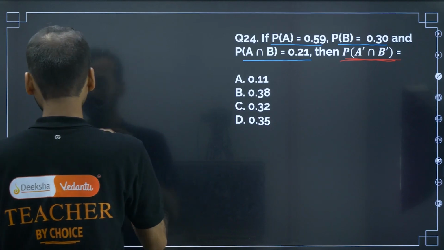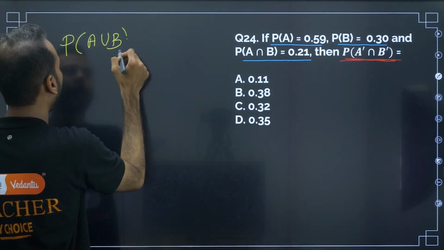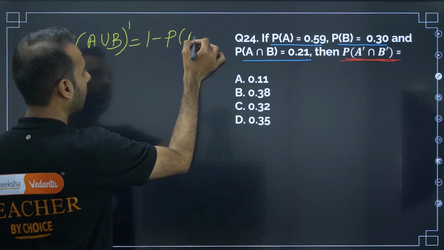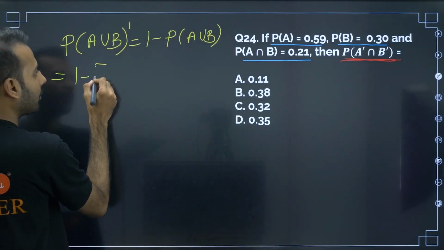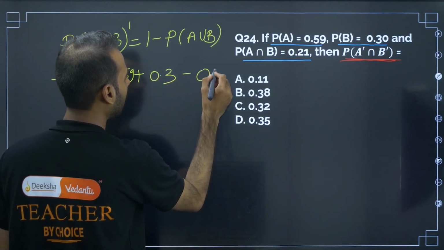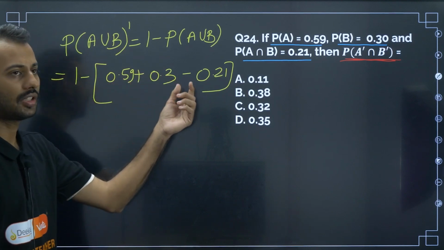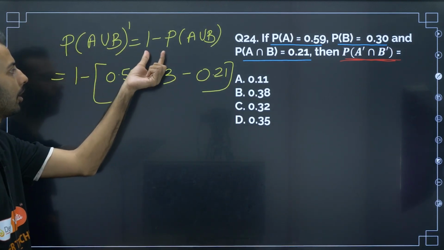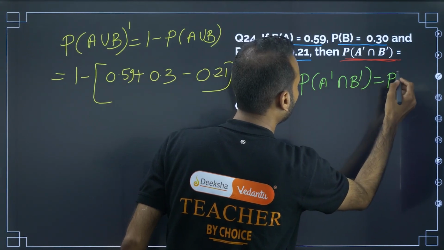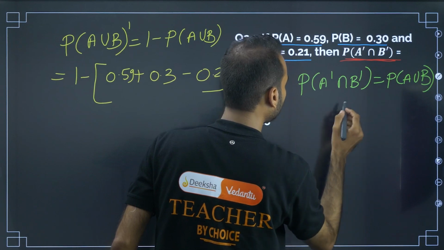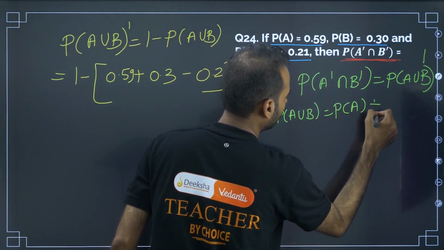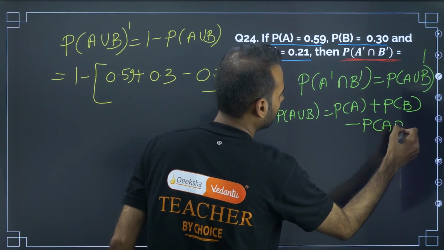For this, A dash intersection B dash can be written as A union B whole dash, which is 1 minus probability of A union B. Now P of A union B is P of A plus P of B minus P of A intersection B. Further, 1 minus P of A is 0.59, plus probability of B is 0.3, minus A intersection B is 0.21. Just some basic formulas I am using.